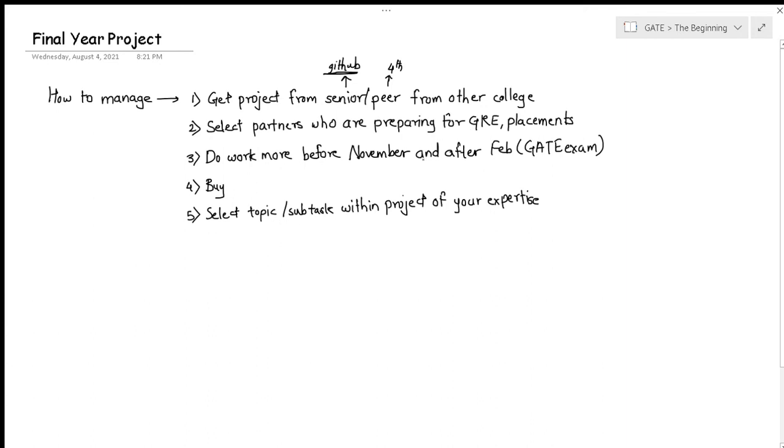Also, another advice I could give you is that you should try to do definitely more work before November, right? November, December, and January, these 3 months you should devote to the GATE. Okay. So what you could do is just make a little bit more of your contribution before November, and tell them that after I finish my GATE exam, I will be rejoining you and will do most of the work, right?